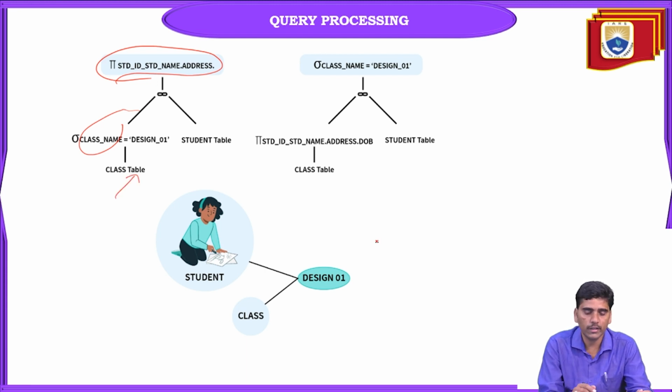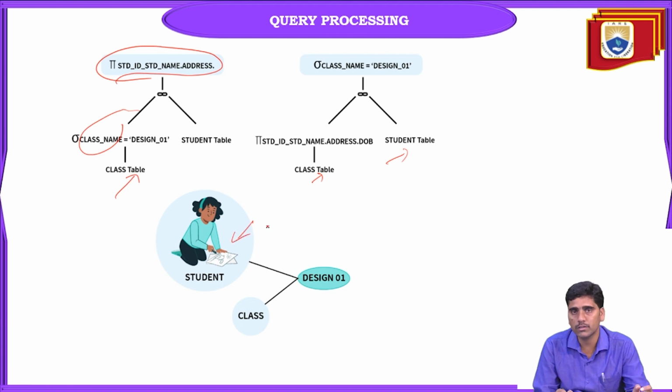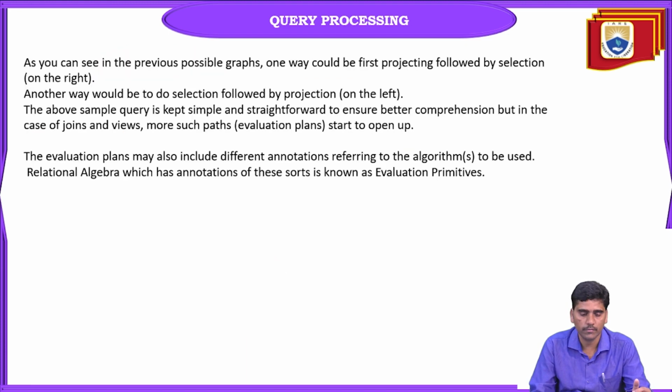Here also, the student ID, student name, address, date of birth are taken from the student table and the class table. So when the user wants to display the query, the student information has to be displayed based on the class table. This is the way the query evaluation process works.